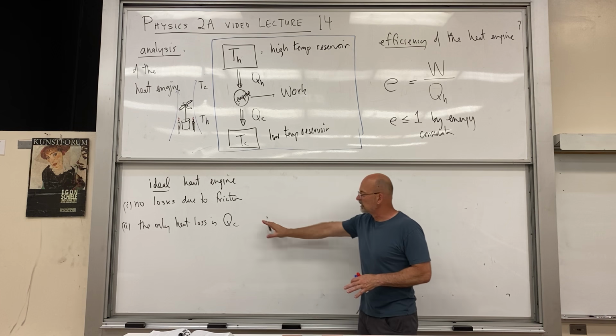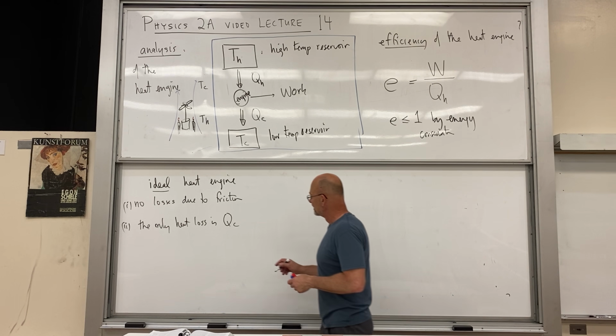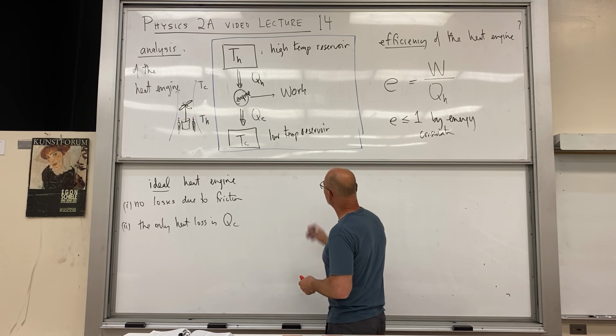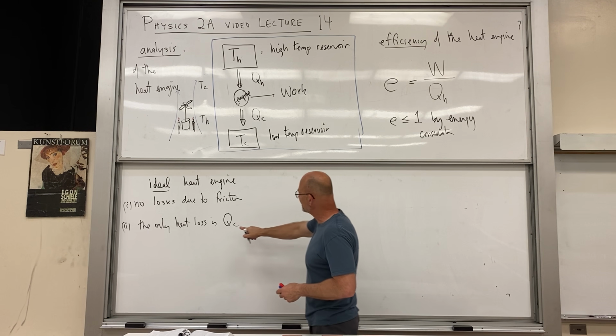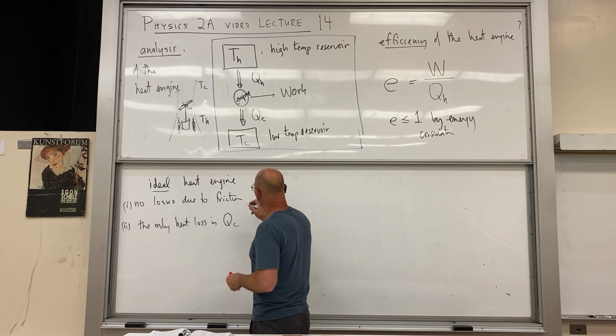Remember, we saw that QC is absolutely necessary for the functioning. It's called waste heat, but it's not wasteful heat, it's just heat that goes out the exhaust. So the only heat loss is QC, there are no other losses due to friction.